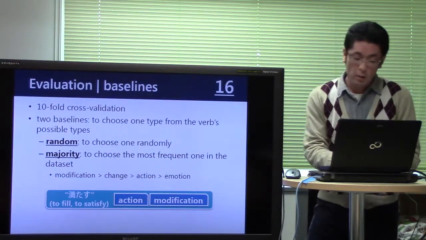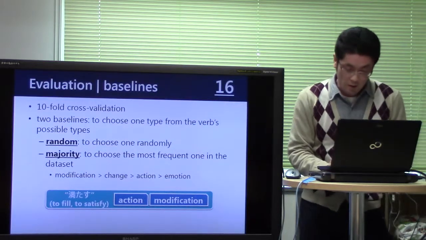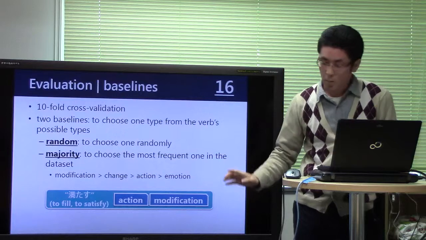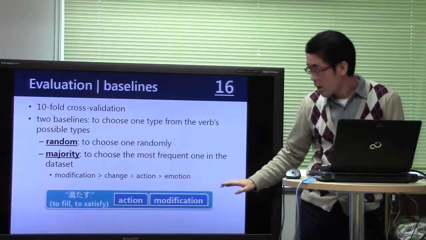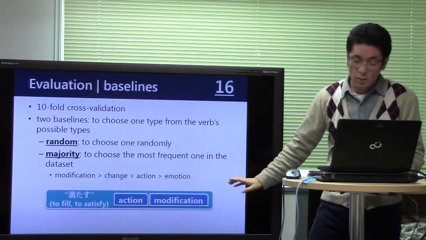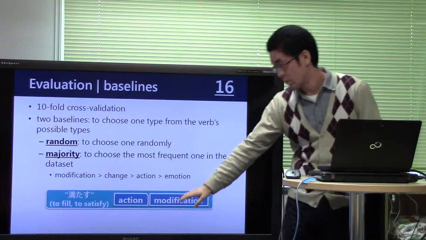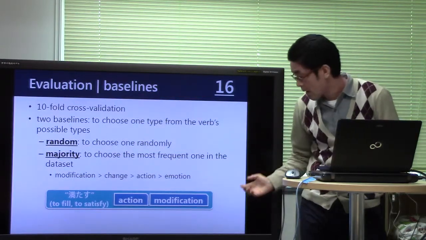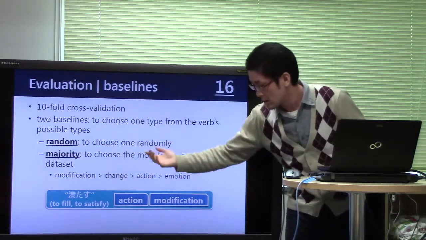The priority follows the order of modification, change, action, and emotion. For example, the verb mitasu, which means either to fill or to satisfy, is always determined as modification, because modification's priority is higher.